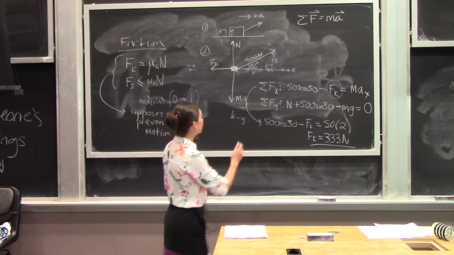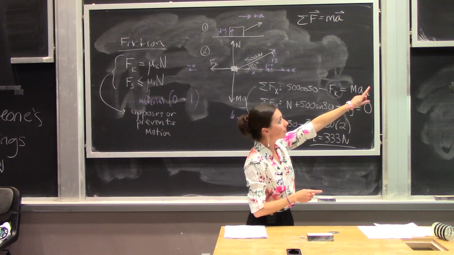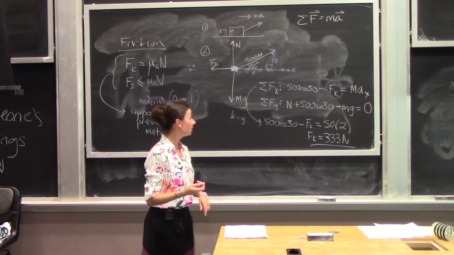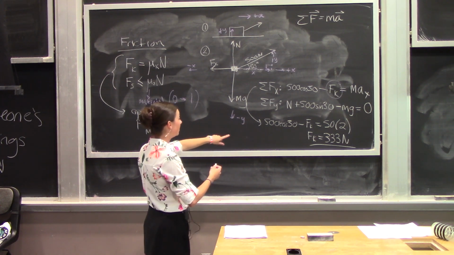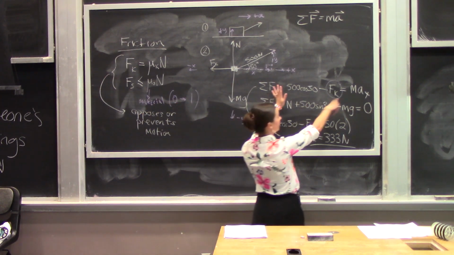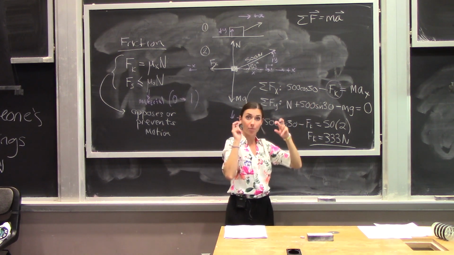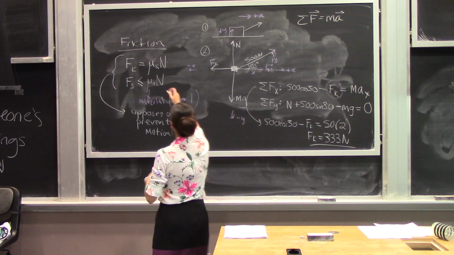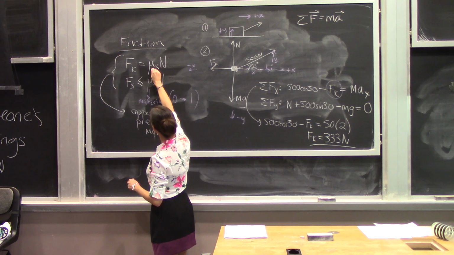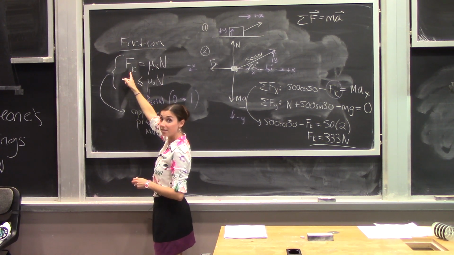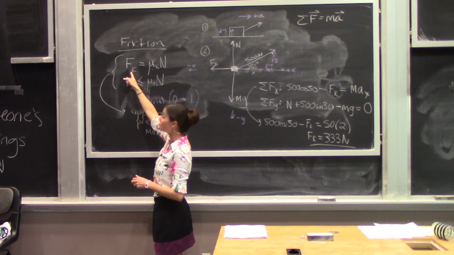Okay, so then part B, solving for the coefficient of kinetic friction. Well, I know that I don't see coefficient here anywhere. The mu variable is missing, that little Greek letter. So I need this guy. So I know what I just solved for was this 333 newton friction force.